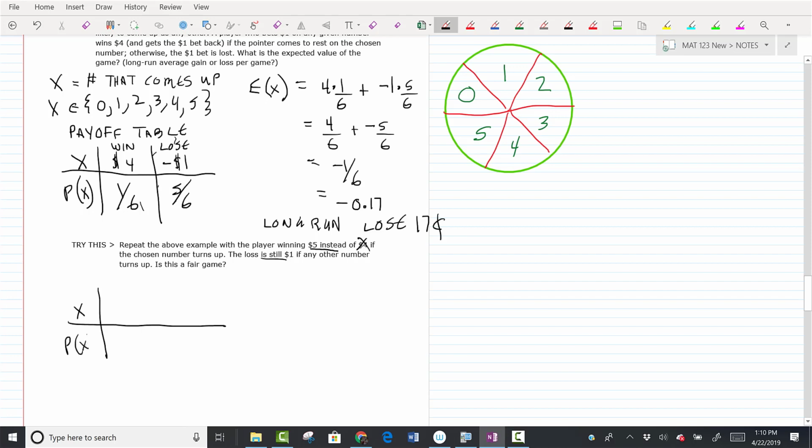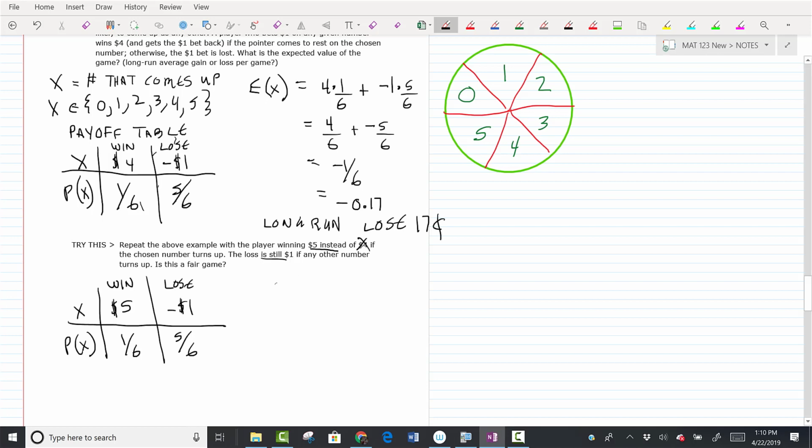This is all the same, except this time you're going to win $5 on your $1 bet, and you lose your dollar bet if you lose. So this is still a 1/6 probability, and that's a 5/6 probability. Let's see what happens if we adjust the winning to $5.